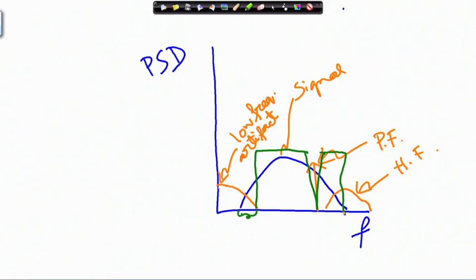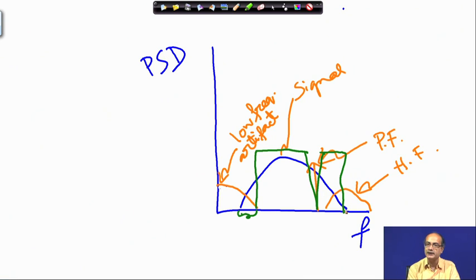We should try to keep all the signal energy and reject all the noise energy. On the right hand side boundary, by choosing it here, we are making sure that we take all the signal energy, but then for this band we are accepting a good part of the high frequency noise also.